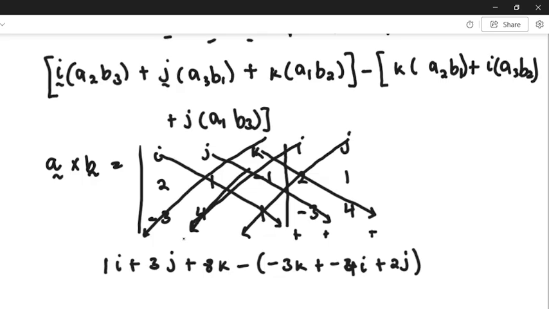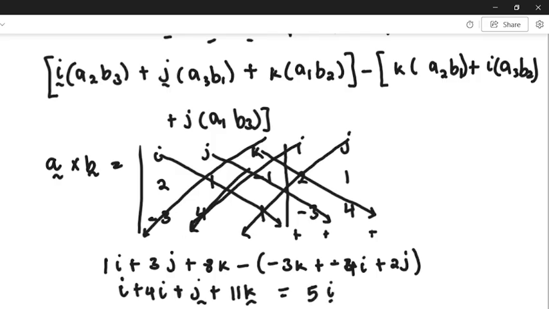So if you collect like terms, 1i, this is minus minus, so this will become plus. So we're going to get i plus 4i, plus 3j minus 2j becomes just j. 8 minus minus becomes 11. We're getting the same thing.